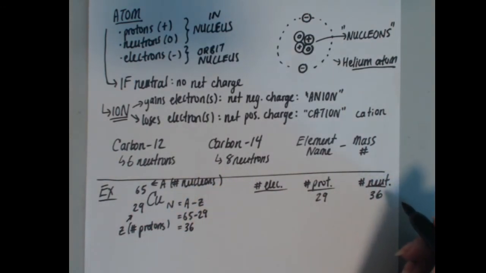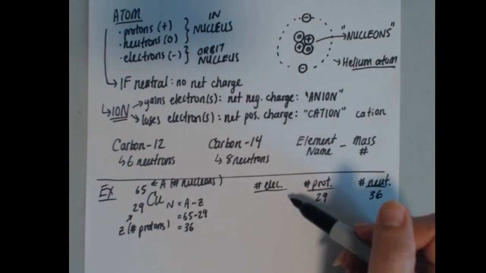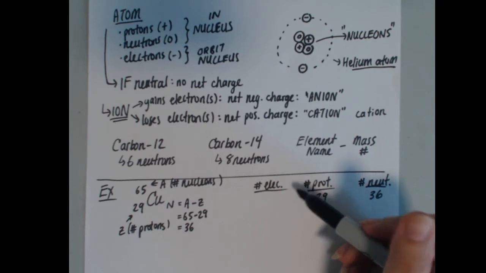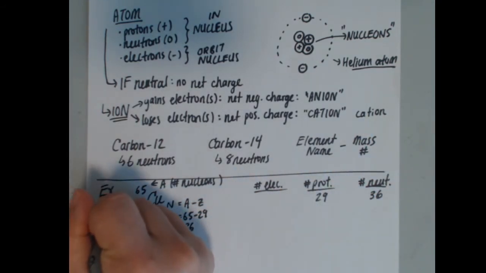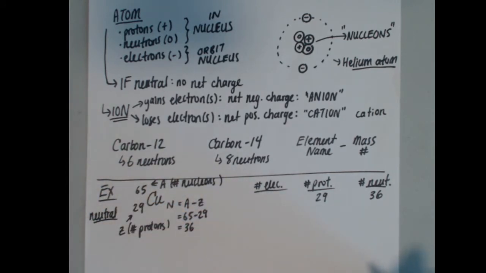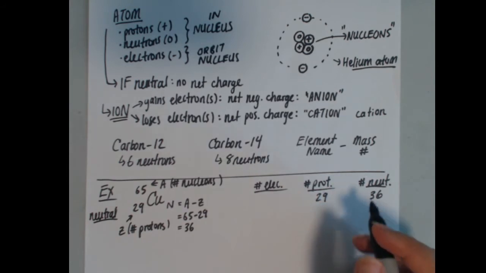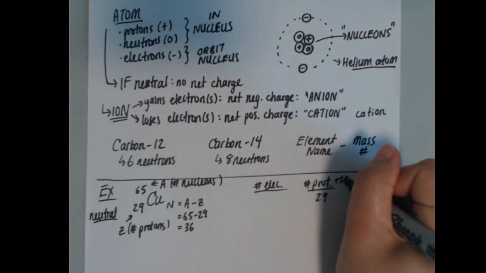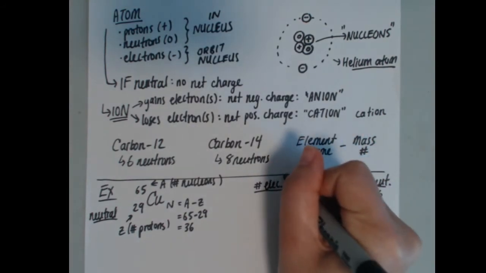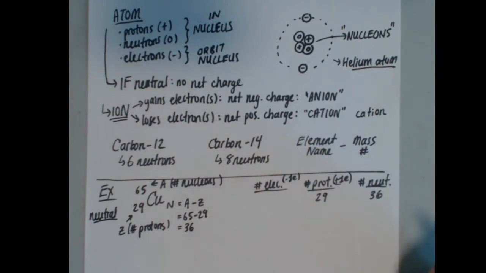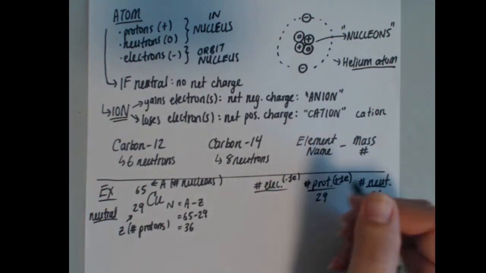Now, how many electrons do we have? Remember, the number of electrons depends on the charge of the atom. And the question tells us that we have a neutral atom, right? So because it's neutral, that means I have the same amount of positive charges and negative charges. And since protons have a charge of plus 1e and electrons have a charge of negative 1e, you need to have the same amount of both to have a neutral atom.